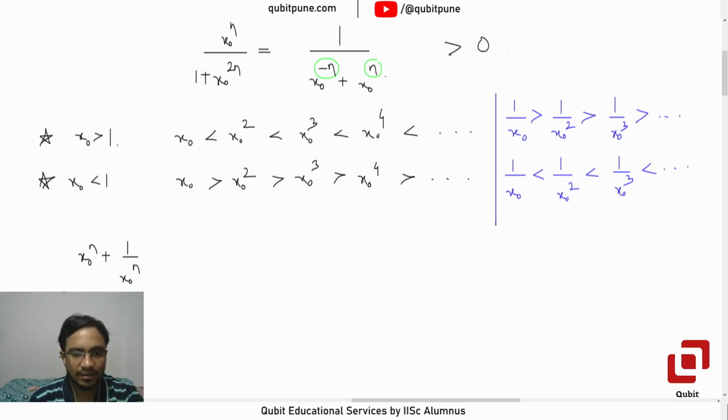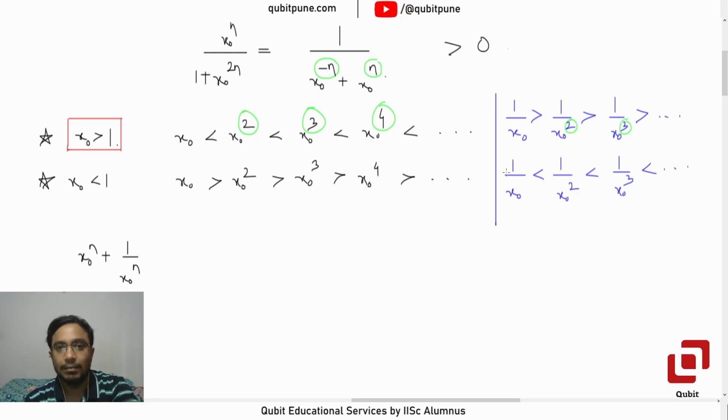So let us take into consideration x0 greater than 1, and let's see whether we get larger and larger values as we take larger and larger powers. Remember, we are supposed to add the number raised to a power plus its reciprocal raised to the same power, and we need to decide whether we get an increasing sequence or a decreasing sequence.